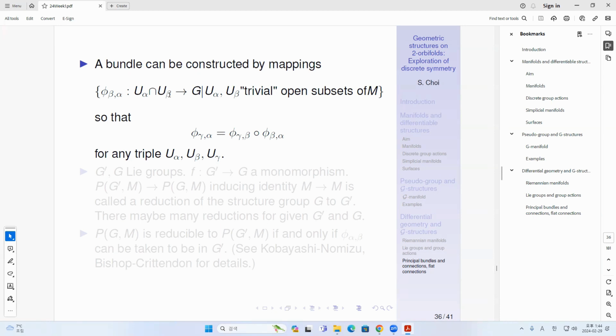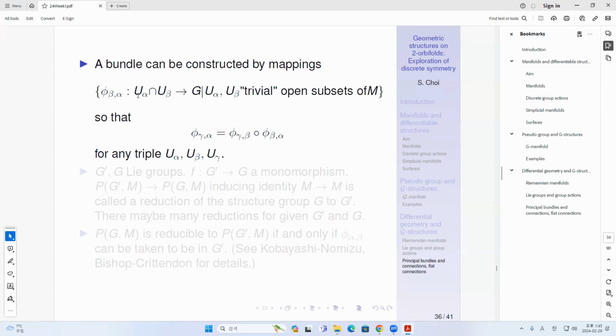Then you take U alpha intersect U beta. If this is not empty, then you send it to G by some map.